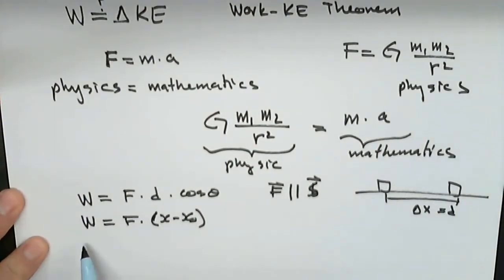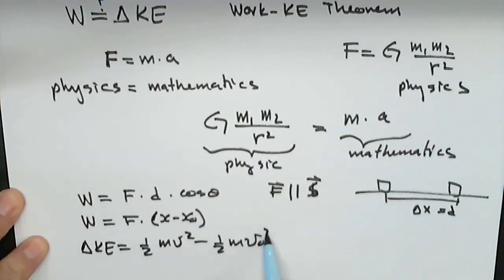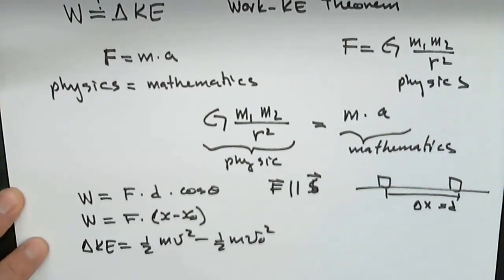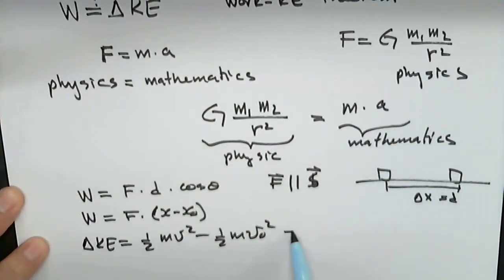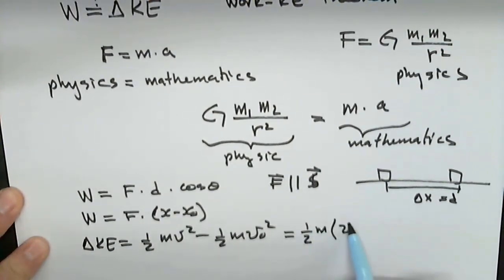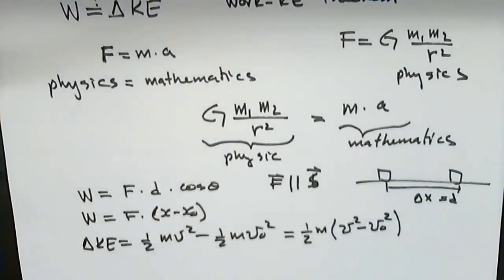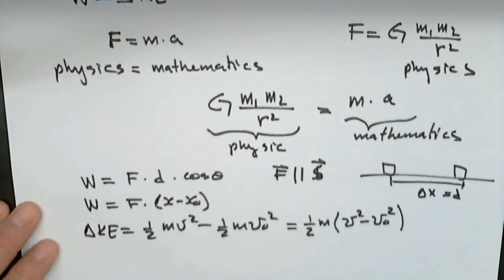And change in kinetic energy is 1/2 m v final squared minus 1/2 m v initial squared. And the mass of the object is not changing. That's important. It's not like a rocket or something like this. That's the change of the kinetic energy.